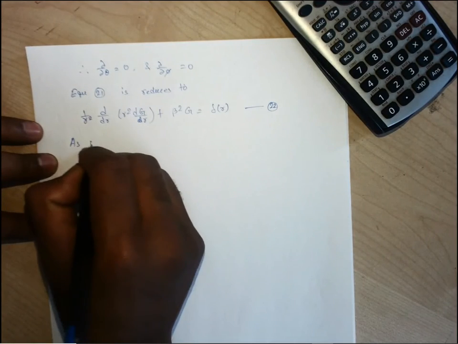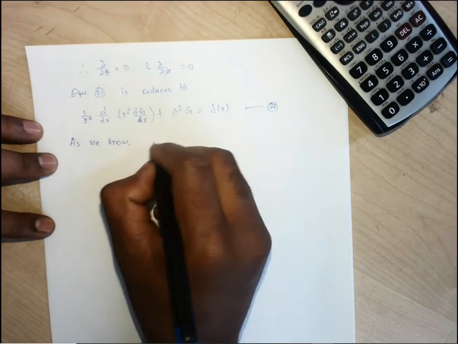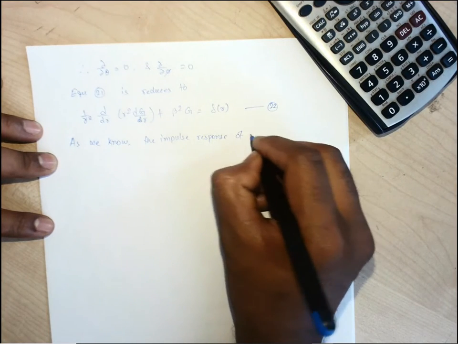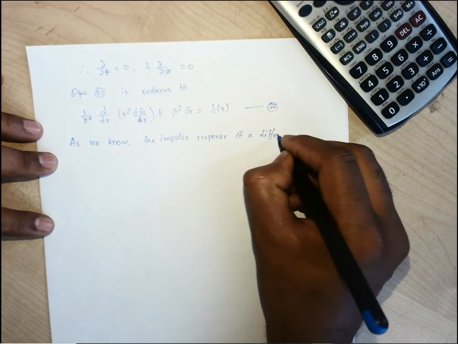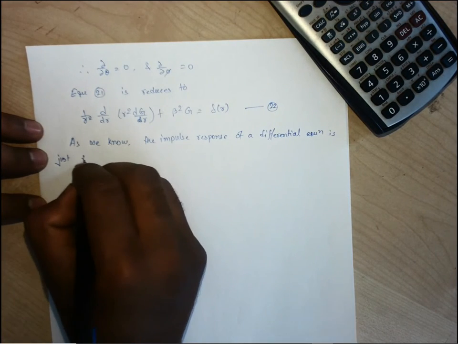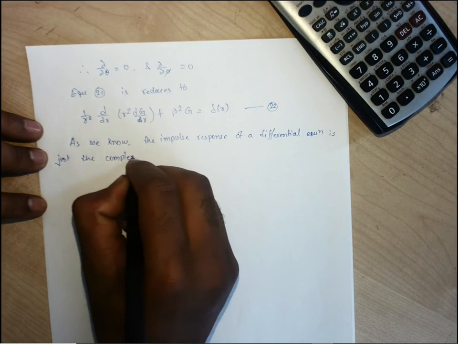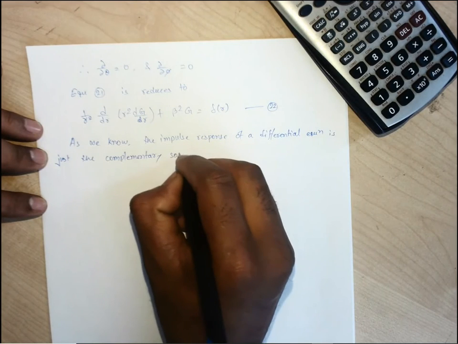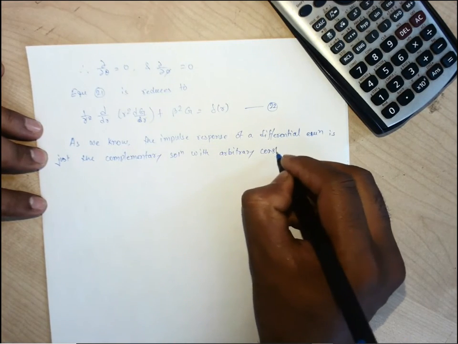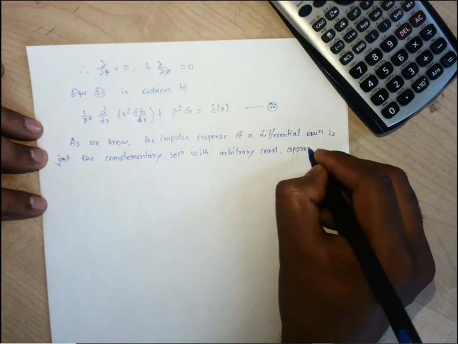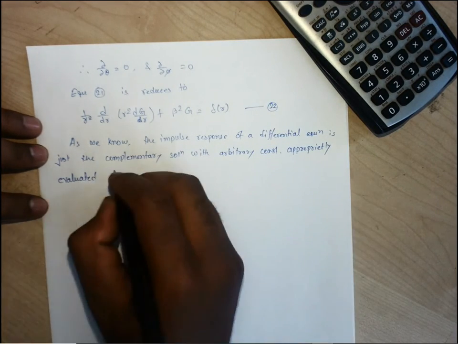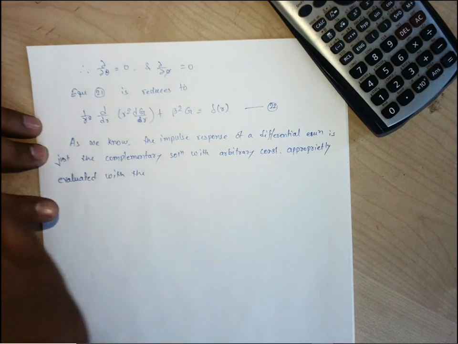Now, as we know, the impulse response of a differential equation is just the complementary solution with arbitrary constant appropriately evaluated with the initial or boundary condition.